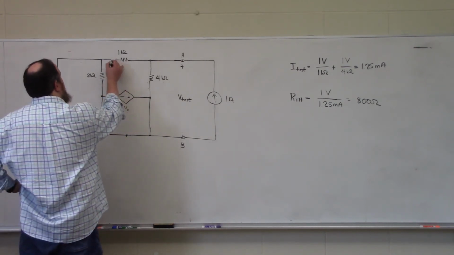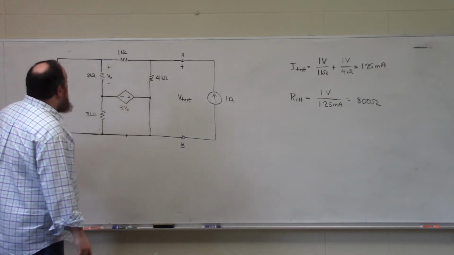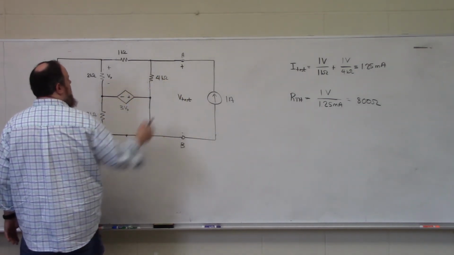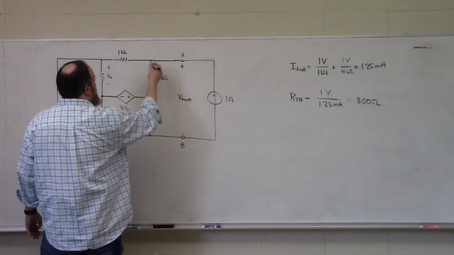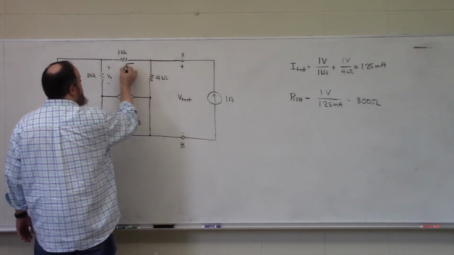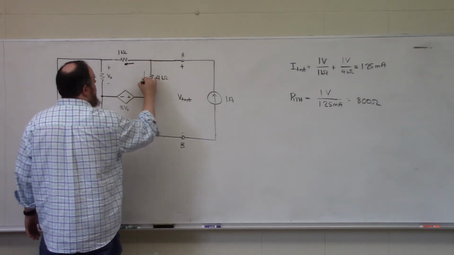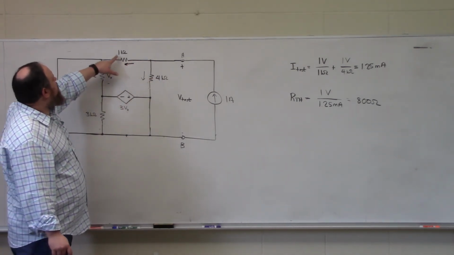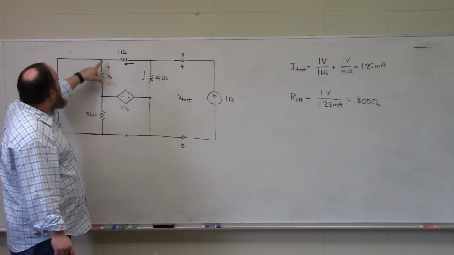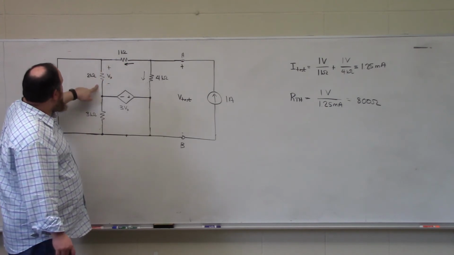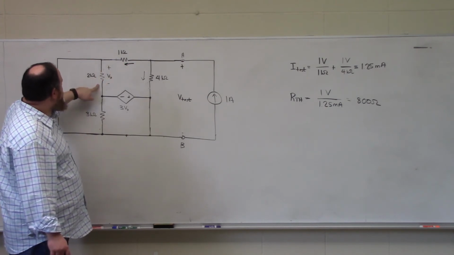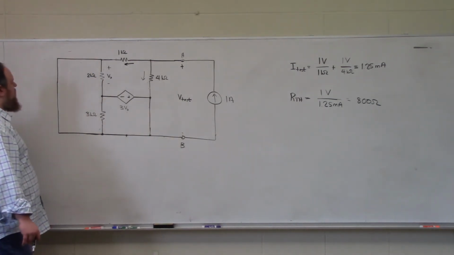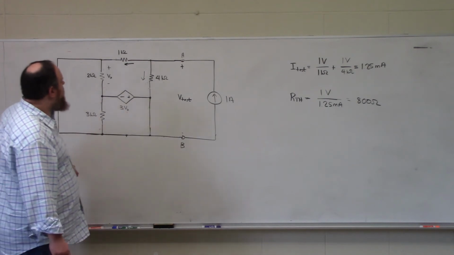So this might bite me, as it were. My suspicion is that 1 amp of current from our test current source is going to flow into this node and it's going to split. The portion that splits through the 1 kilo ohm resistor will see this resistance kind of in parallel with this short circuit.